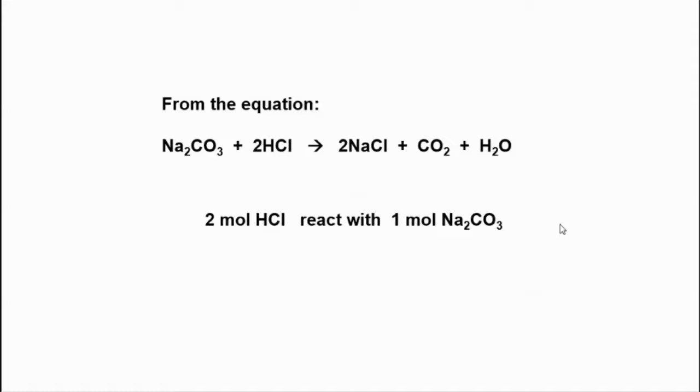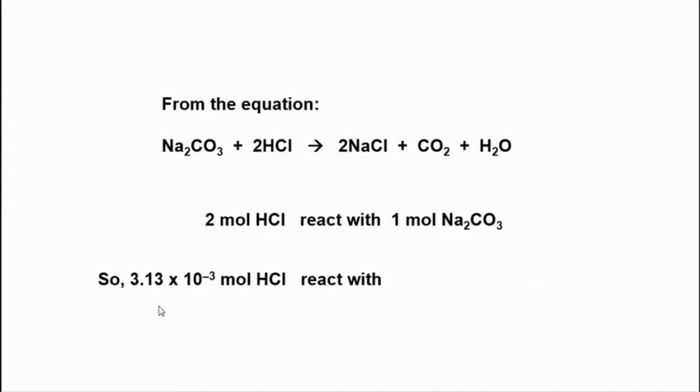But we don't have hydrochloric acid in the quantity of 2 moles. So how many moles of hydrochloric acid actually reacted in the reaction? This is the amount of hydrochloric acid that reacted with sodium carbonate.